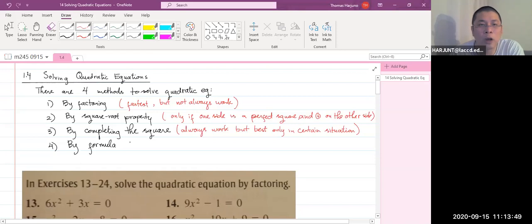And the last one, by formula, always works, but slows.